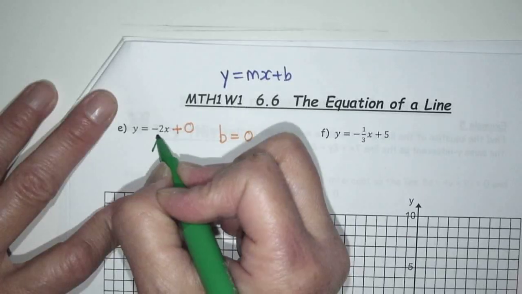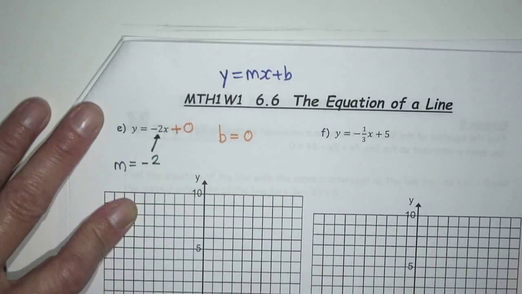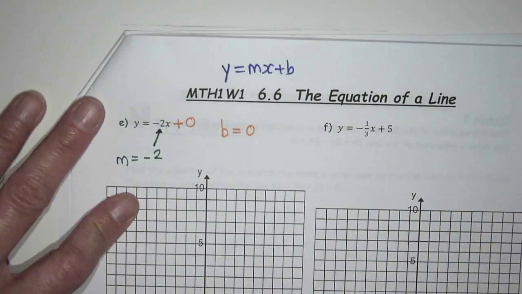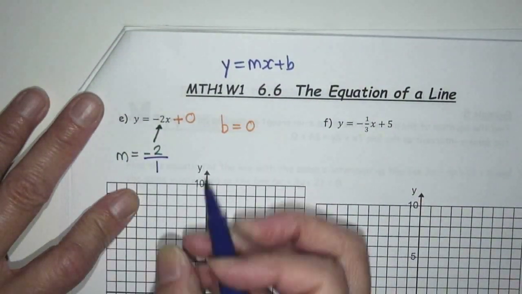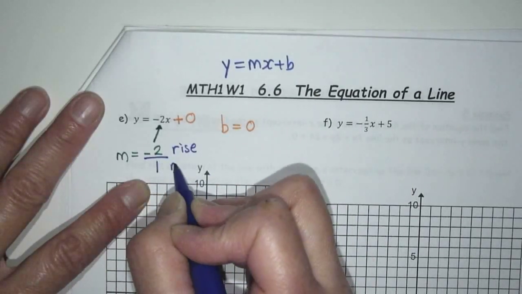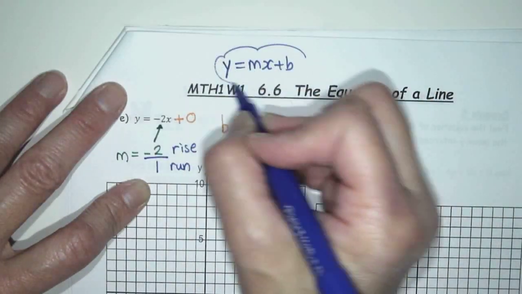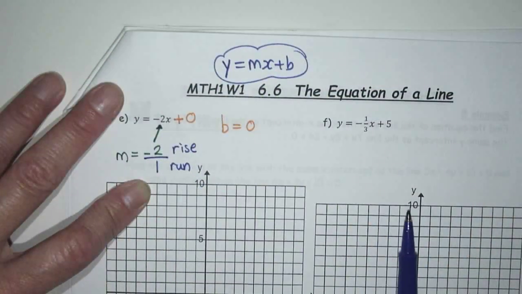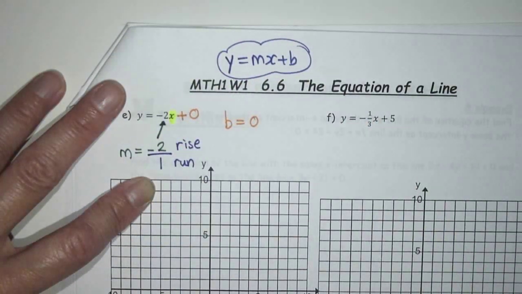And then what else do we know? We know here that m is negative 2. And whenever I get a whole number for m, I always write it over 1. Because then I know my rise is negative 2 and my run is 1. So this is the part that tricks you. The reason why I know it's not a special case is because there's an x.